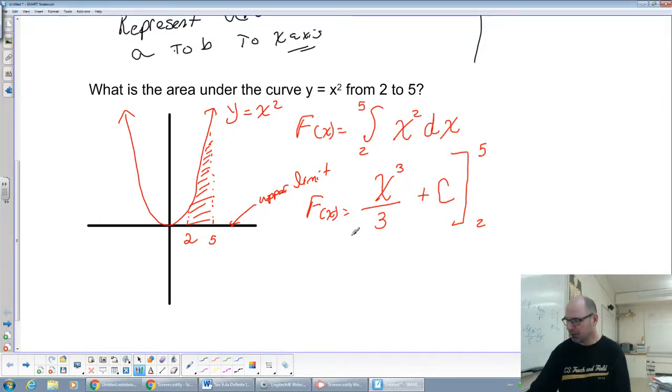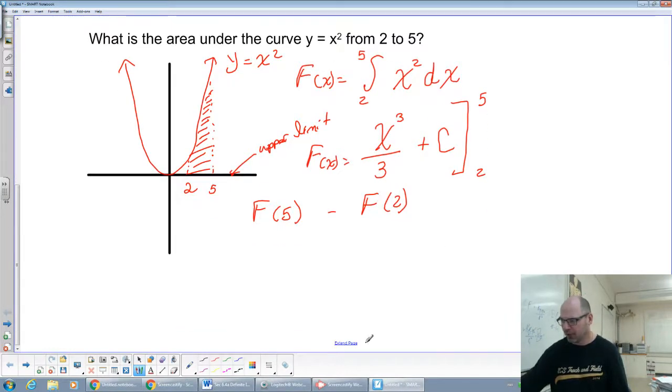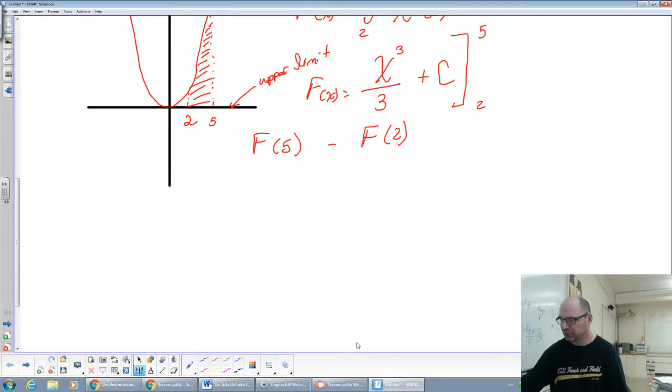So now we just plug in our numbers. Now we go f of 5 minus f of 2. And this is f of x equals x to the third over 3 plus a constant. And you'll see the constants cancel out once we do it here. Okay, so let's go ahead and do the algebra. f of 5 would be 5 cubed divided by 3 plus c, right?